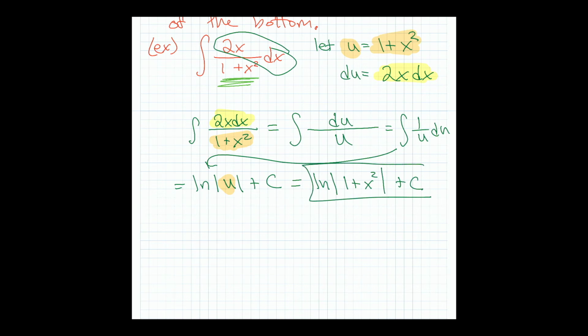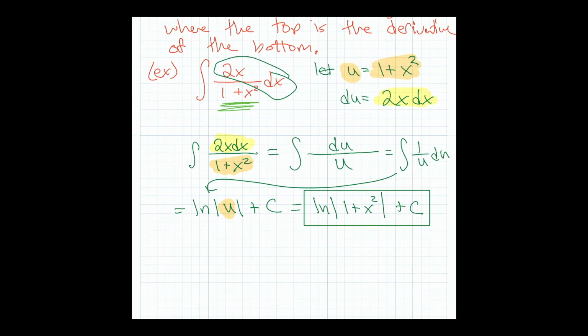And that would be your answer to this integral. Okay? So that's the basic method that you're going to be employing. And so the top is the derivative of the bottom, right? That's what you're looking for for this to apply.